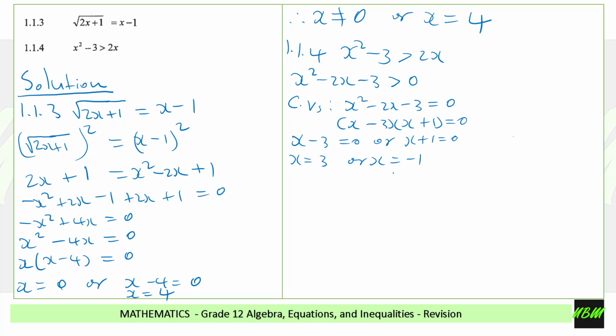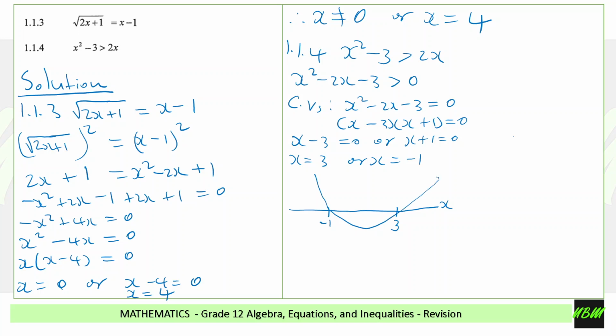These are our critical values, or rather the x-intercepts. So let's draw the graph. We have the x-axis, the first x-intercept -1, the other x-intercept 3, and then we draw our parabola.